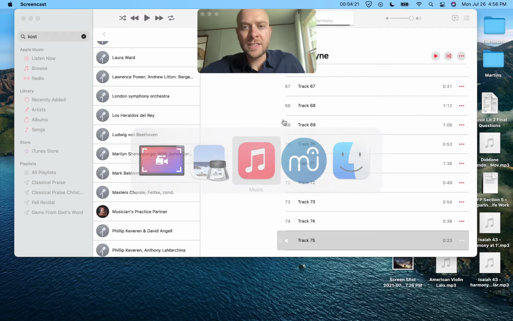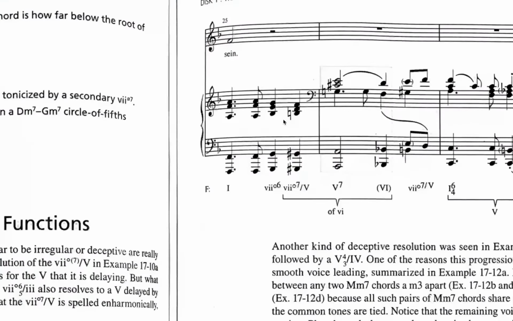And since the voice leading is so smooth, the ear actually is able to accept that. Right? So the top 2 voices are moving down by step diatonically, while the bottom voices are moving up by step chromatically, in contrary motion.